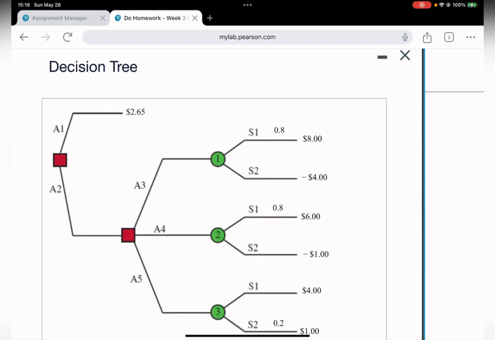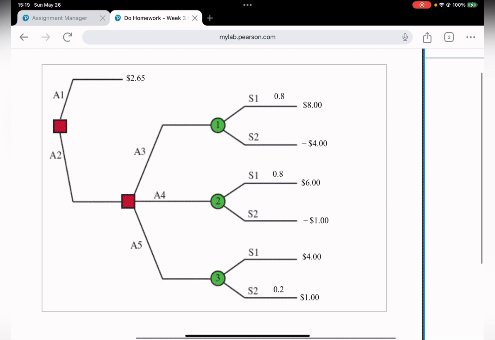Because if S1 is 0.8, the total is 1, so 1 minus 0.8, S2 is going to be probability 0.2. Write it down somewhere. And then for A4, S1 is 0.8. That means S2 is also going to be 0.2, 1 minus 0.8. And for A5, S2 is 0.2. That means S1 is going to be 0.8.